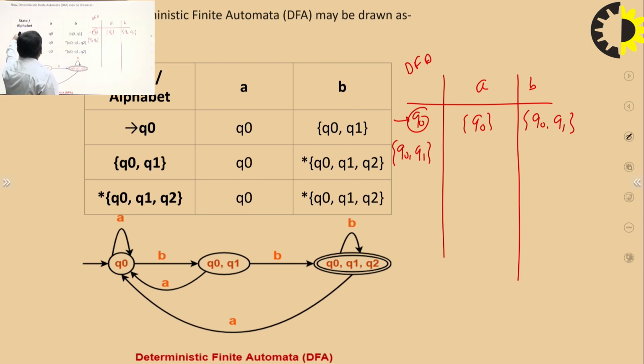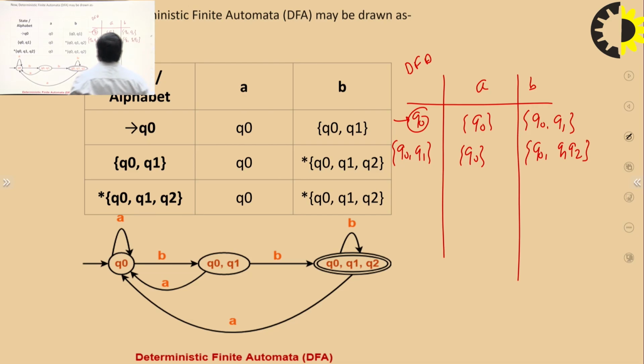Now for {q0, q1}, again here is q0 and here is {q0, q1, q2}. So what is the next state? The next state is {q0, q1, q2}, and here it is again {q0, q1, q2}.